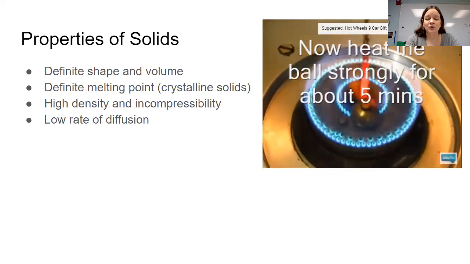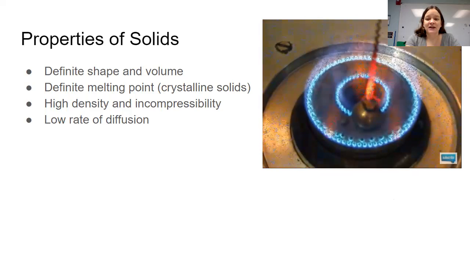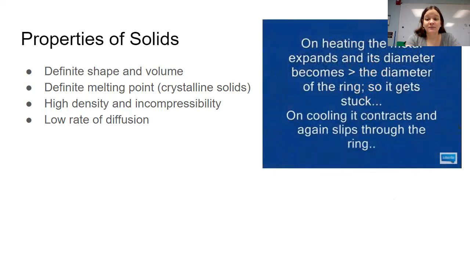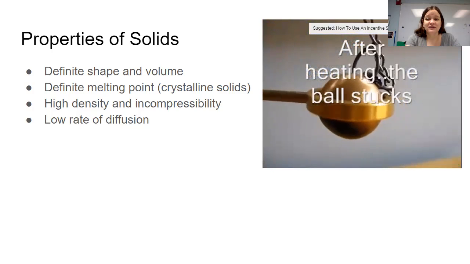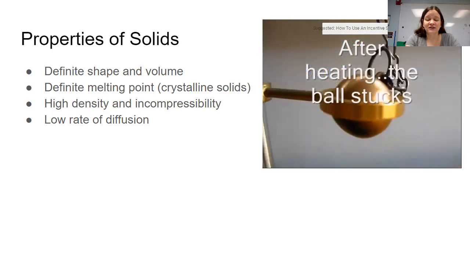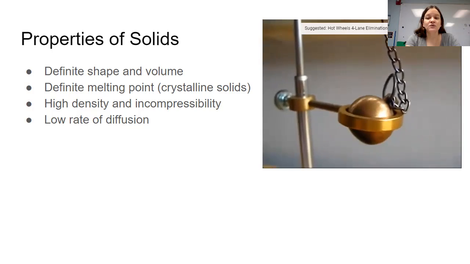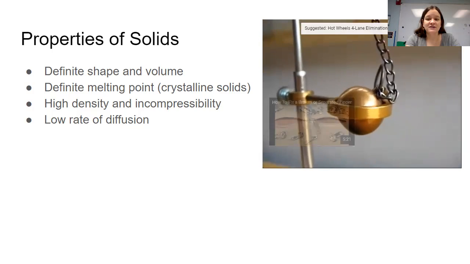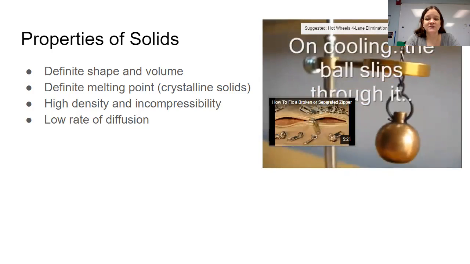We'll let it get nice and warm, let those particles gain some energy. And as they gain energy, they do spread out just a little. So it gets stuck until it cools off. And then as it cools, it returns to that original volume, and so it does slide through.